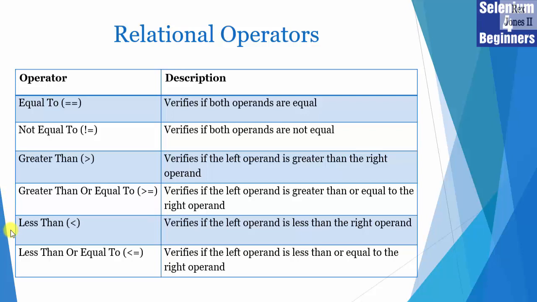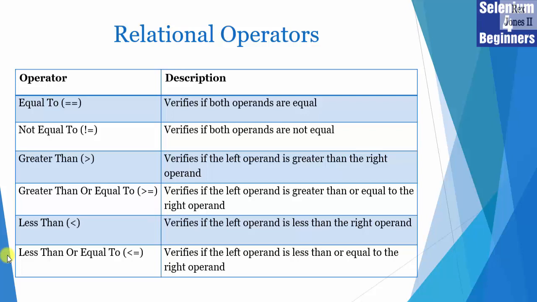Less than is an opening angular bracket that verifies if the left operand is less than the right operand. Less than or equal to combines two symbols, the less than and equal to symbols, to verify if the left operand is less than or equal to the right operand.